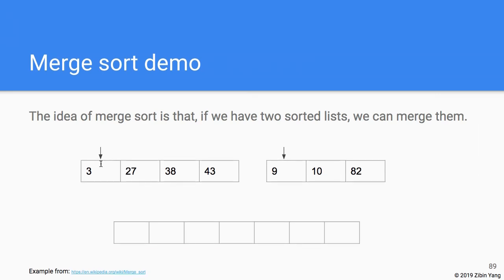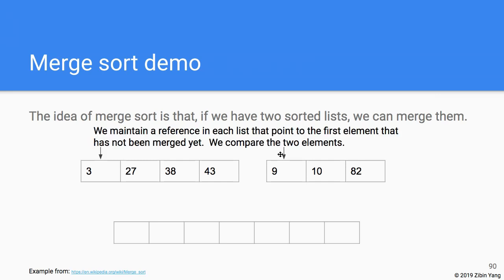Well, we maintain a pointer in both lists, and this pointer points to the first element that has not been merged in each of these lists.